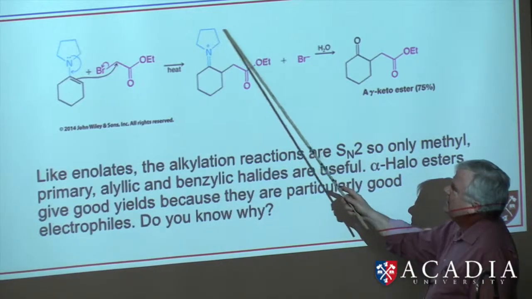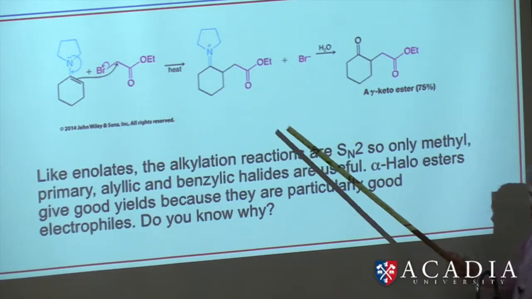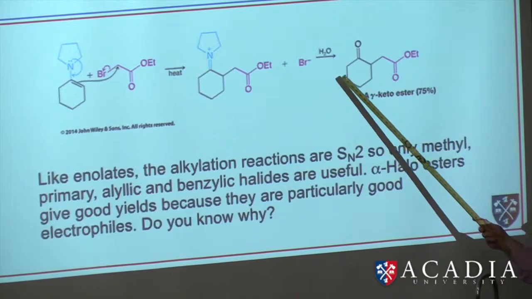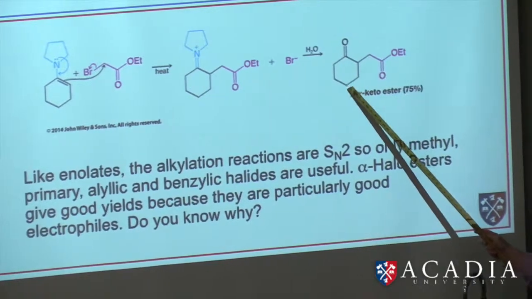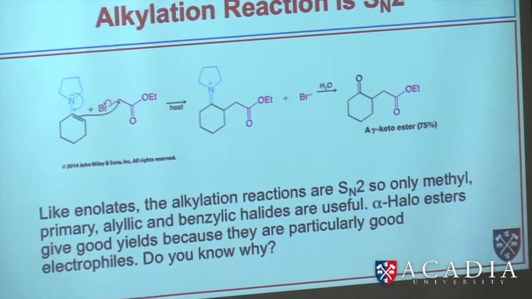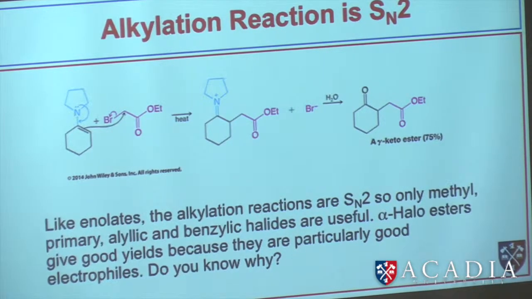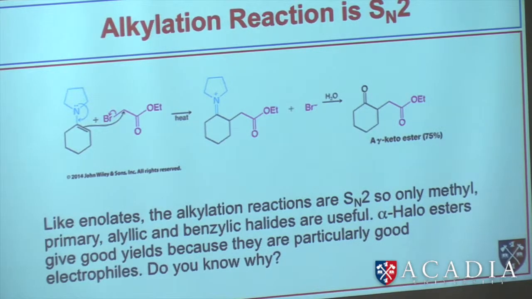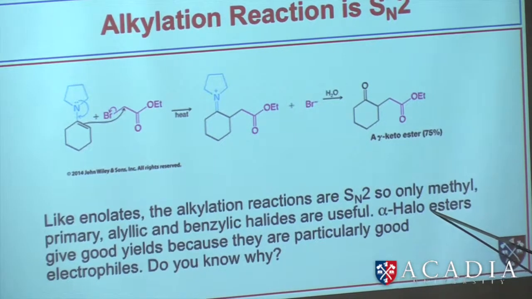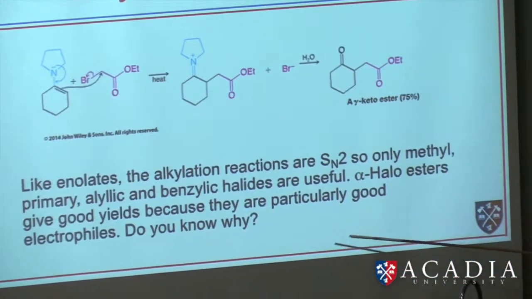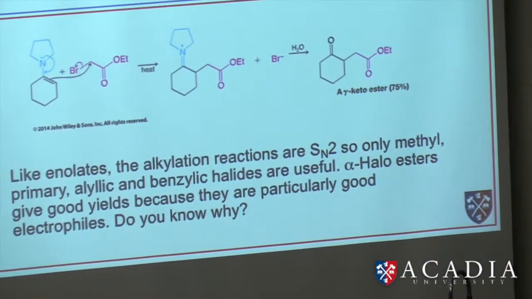And we get our aminium salt, which we then just work up with water and maybe a little bit of acid and get our ketone product. So like enolates, the alkylation reactions are SN2, so we can typically only use methyl, primary, allylic, and benzylic halides. And here I talk about alpha haloesters, and I just told you why they're particularly good electrophiles.